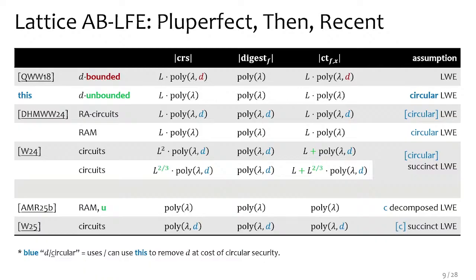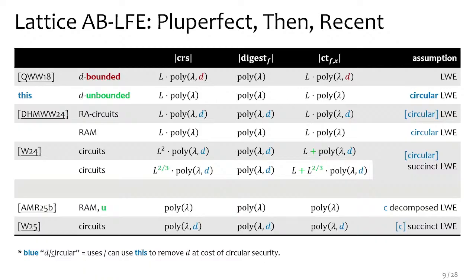And also, there's a series of work that tries to shrink the size of the ciphertext to rate 1. Previously this was L times poly lambda, but in W24 it is L plus a fixed polynomial in lambda.